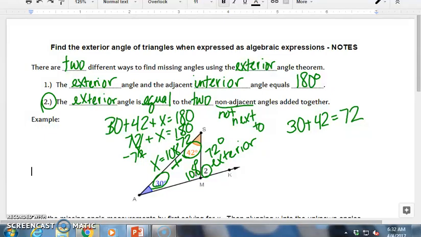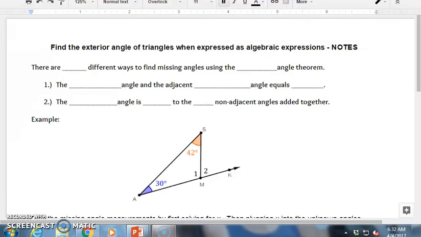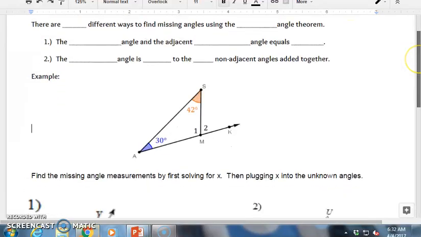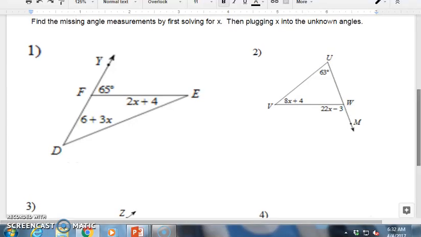So yesterday we found that this interior angle of number 1 was 108, and then we took 180 minus 108 to get that our exterior angle was 72. So we can still use that, but now we have another way to find that exterior angle. On some of these problems, we're going to be forced to use the non-adjacent angles. Okay? So this is algebraic, so we have to solve for x first.